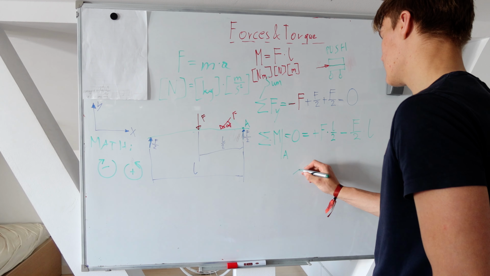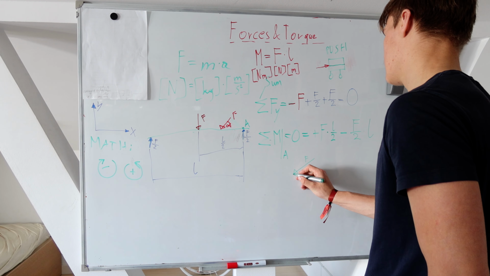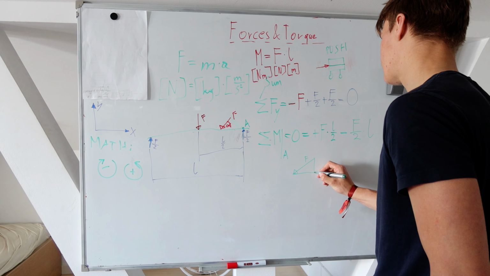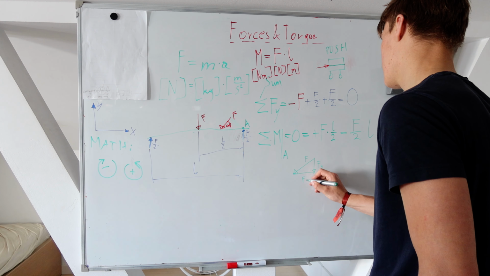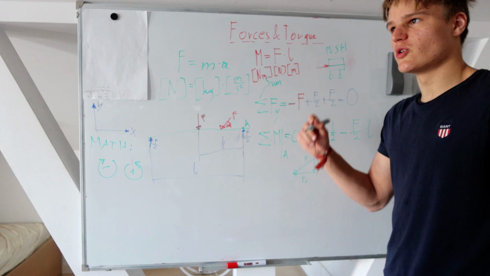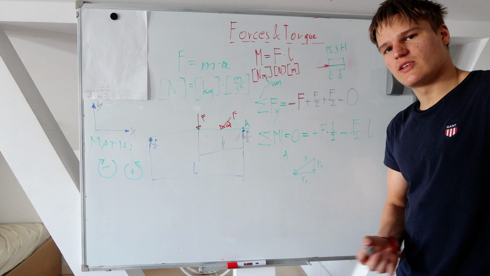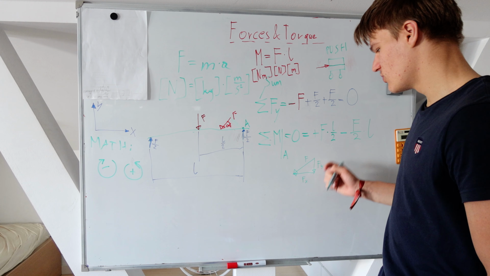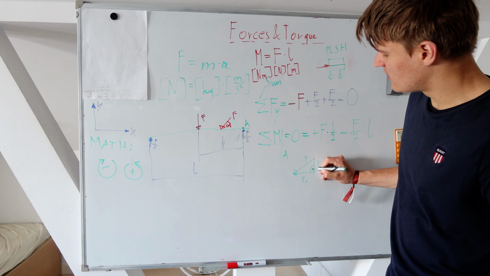That's just a quick one, right? So we're going to have F here, and then we're going to have Fy here, and then we're going to have Fx here. Now, why does this work? To understand this, you have to think about the fact we can split every force into its components, right? So there's a right angle here.